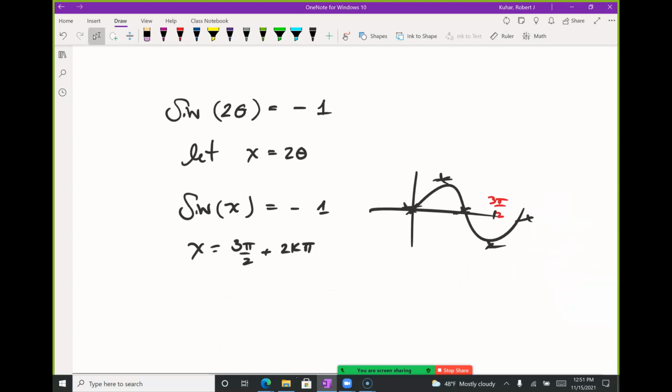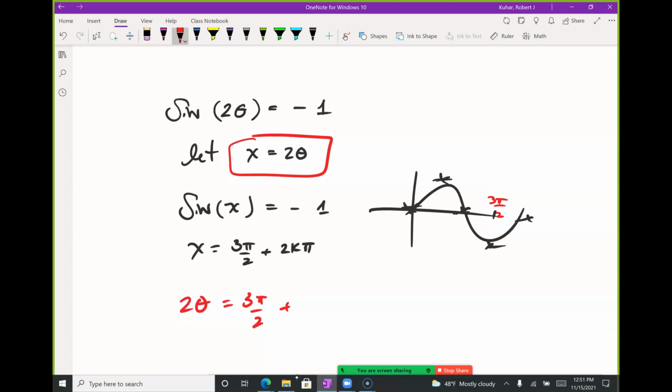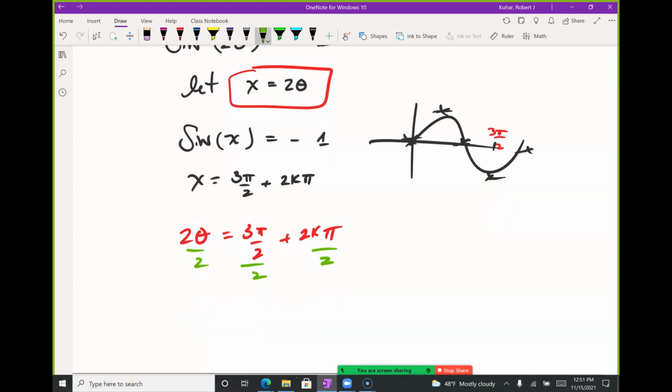I'm not going to factor this yet because I have to remember that x is 2 theta, right? So 2 theta equals 3 pi over 2 plus 2k pi. And now, remember, I'm solving for theta, so I'm going to divide everything by 2. I get theta equals 3 pi over 4 plus k pi.